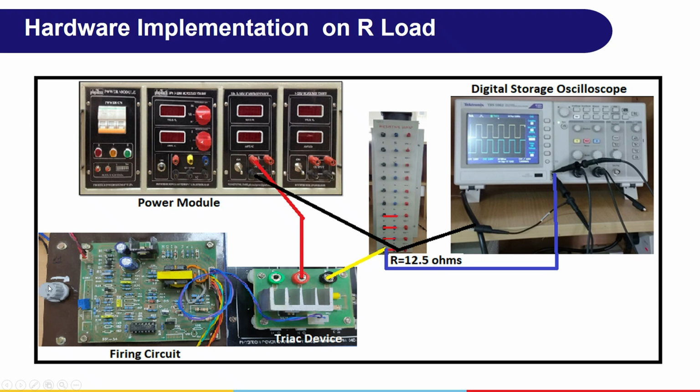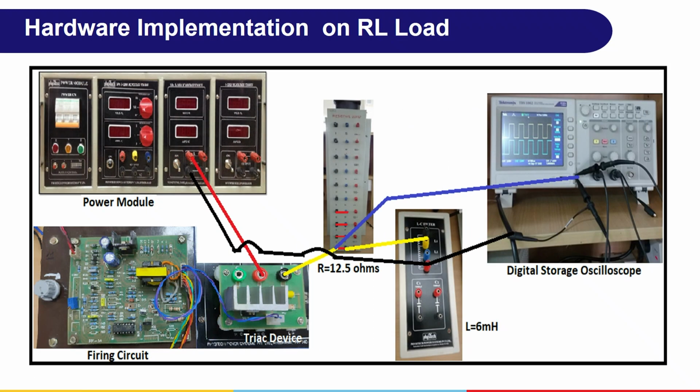When you move this knob, the firing angle is applied to the TRIAC. For different firing angles you can save your waveforms: 0, 45, 90, 120 degrees.